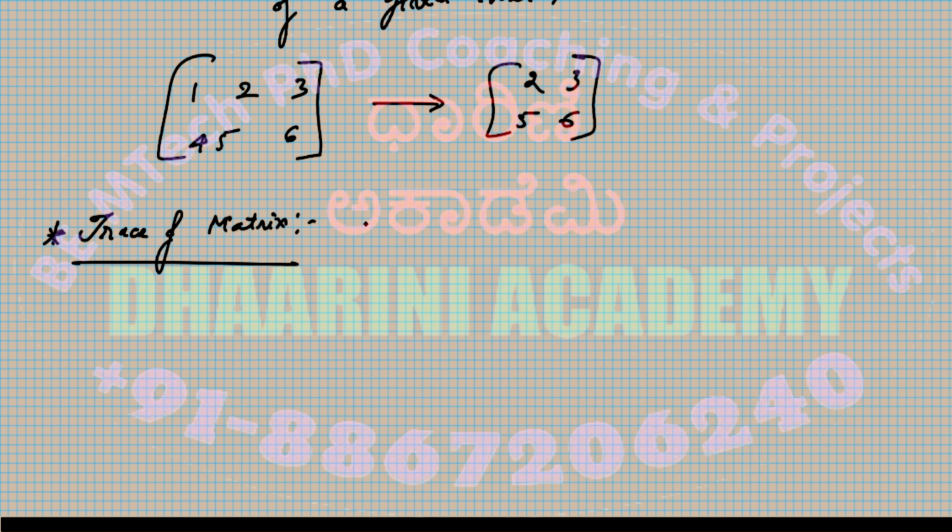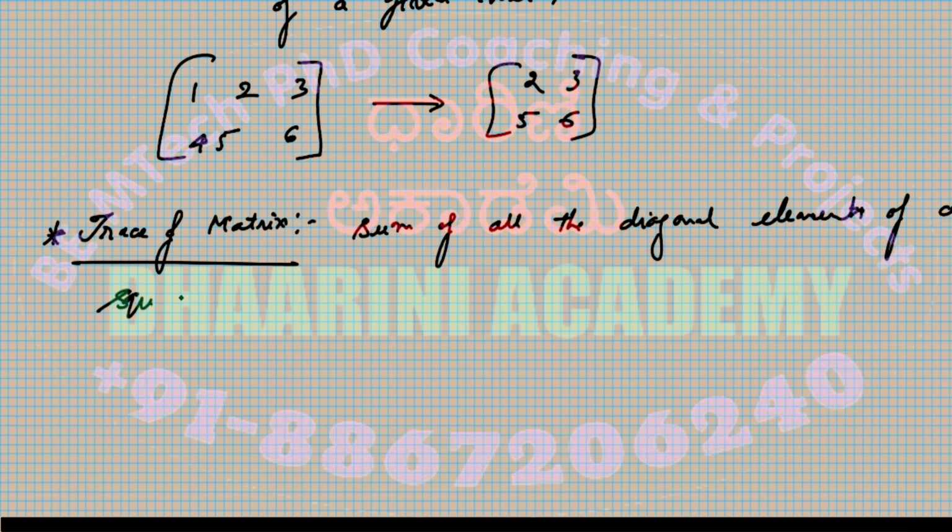Right, so this is a value calculated as the sum of all the diagonal elements of a given square matrix, and it is called the trace of a matrix.